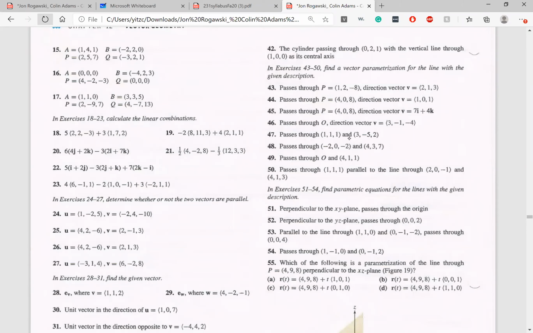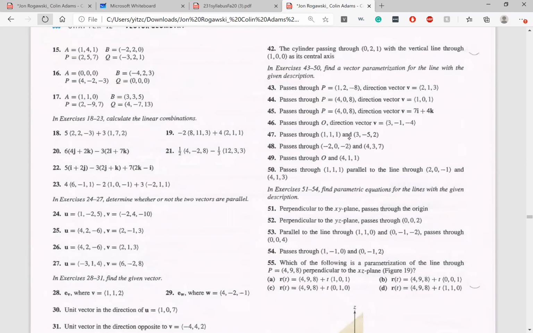I had a question about the quiz. Will we be doing multiple choice, or will we use our work on paper and scan it in?